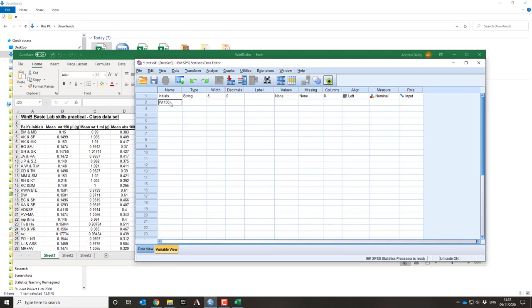Weight of 150 microliters of water, and the next one is the weight of 1 milliliter.